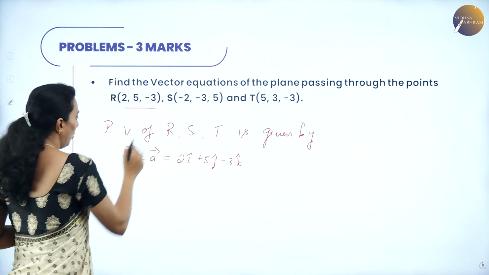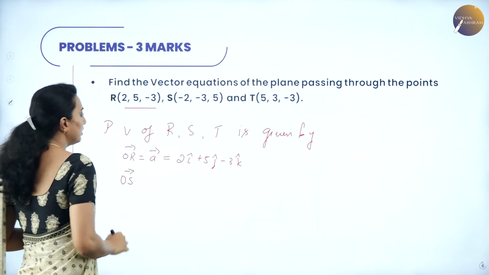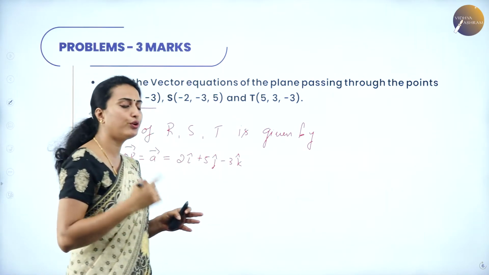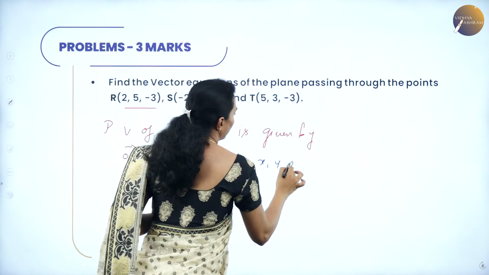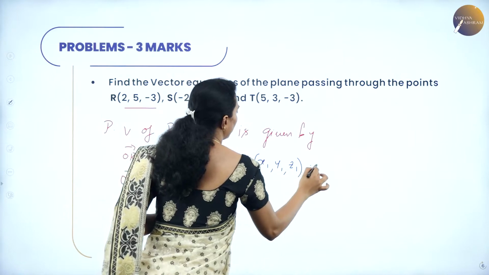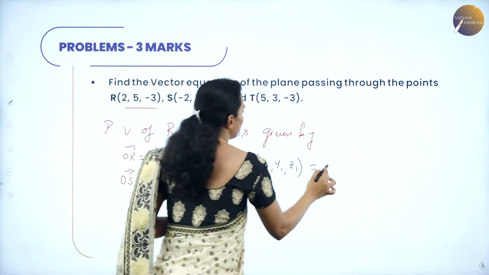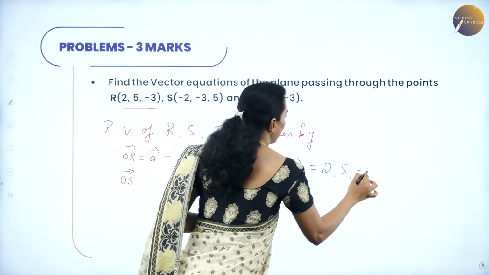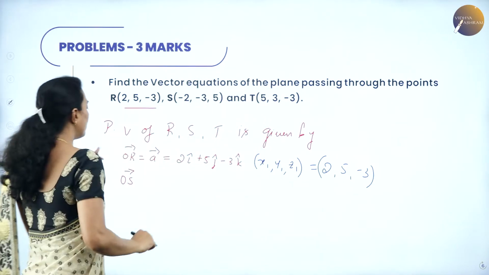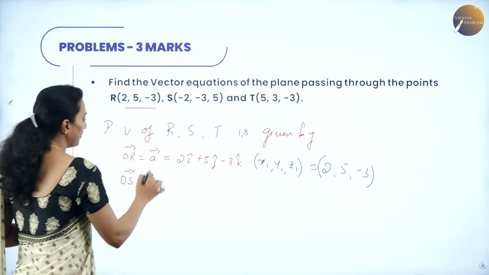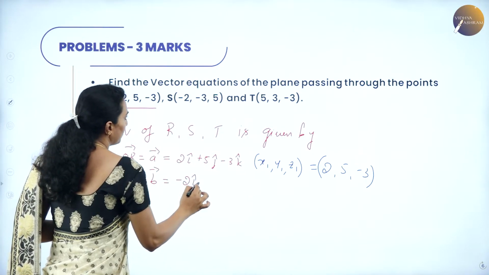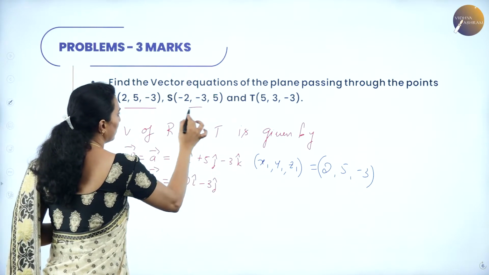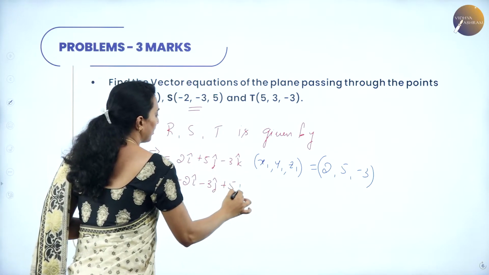Therefore, you can have the point x1, y1, z1, which is given by the point 2, 5, minus 3. Correct. What is the OS vector? The OS vector is nothing but the B vector, which is minus 2i minus 3j plus 5k.